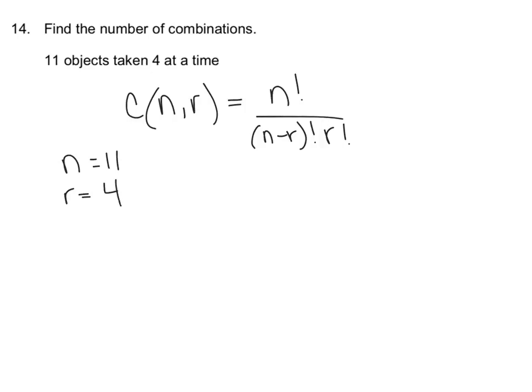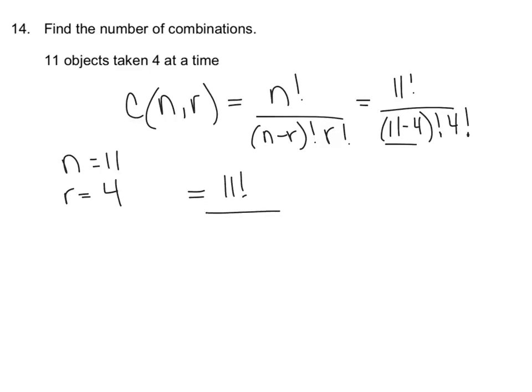We'll just plug those values into our formula, and we get 11 factorial divided by 11 minus 4 factorial times 4 factorial. We'll do the subtraction in the parentheses first, so we have 11 factorial divided by 7 factorial times 4 factorial.